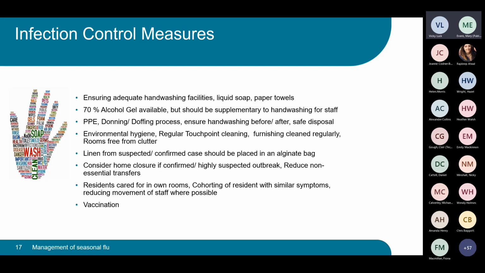So other infection control measures that you would be expecting to give advice about is ensuring that there are proper hand washing facilities available with soap and water. As I say, alcohol gel to be available, but supplementary to hand washing. As I said, because we've got a higher usage of PPE at the moment, ensuring that the donning and doffing process is adhered to.